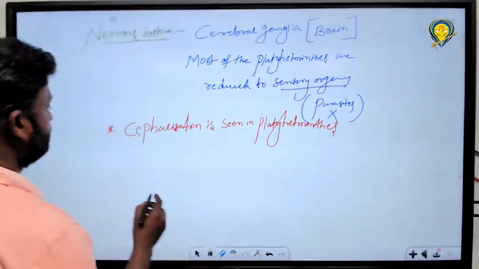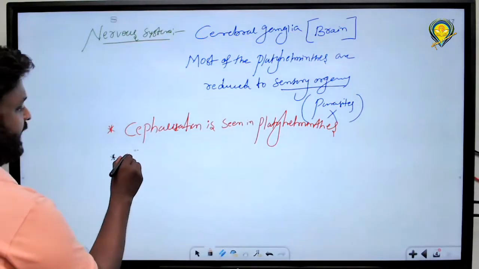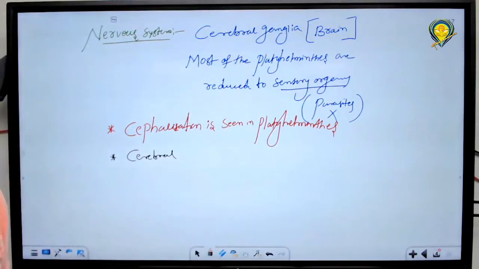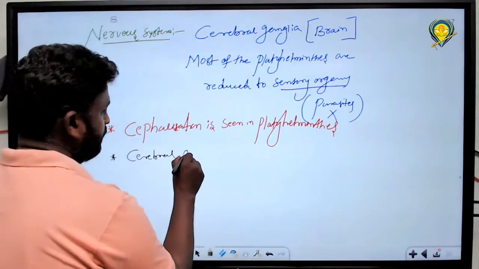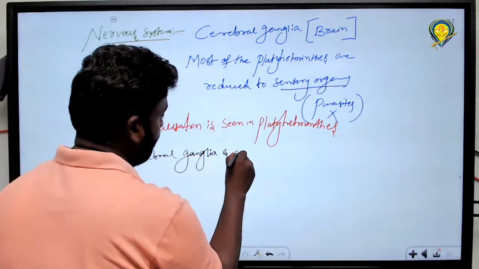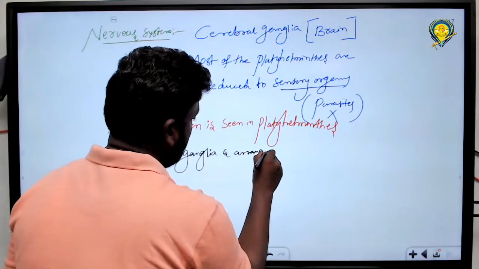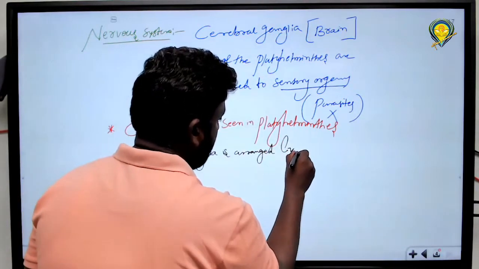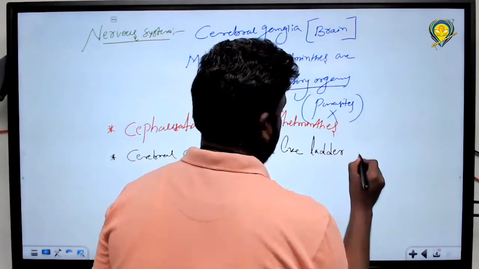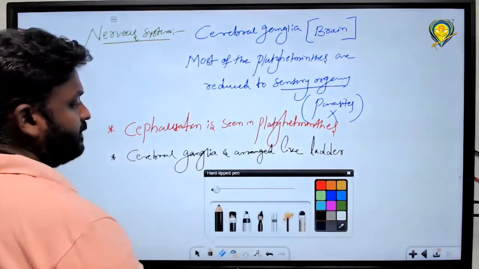Next point. Cerebral ganglia is arranged how? Ladder-like. Ladder, right? I will show you here how it is.